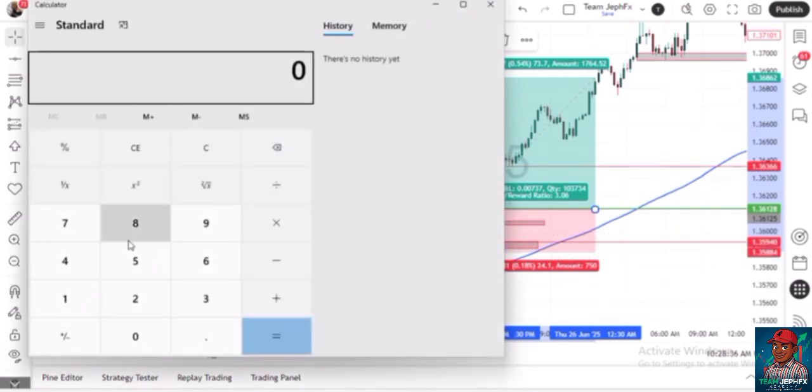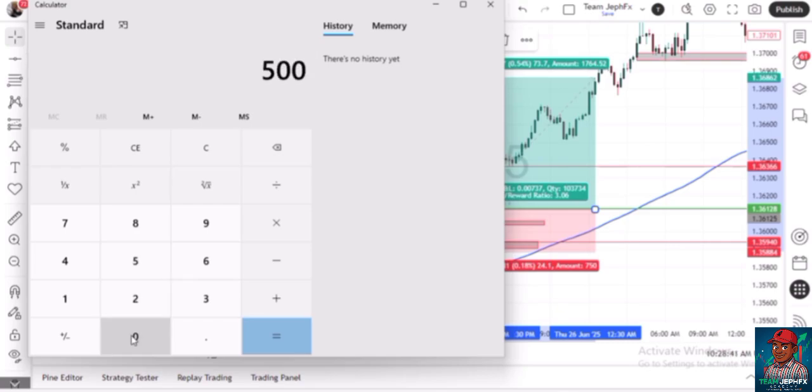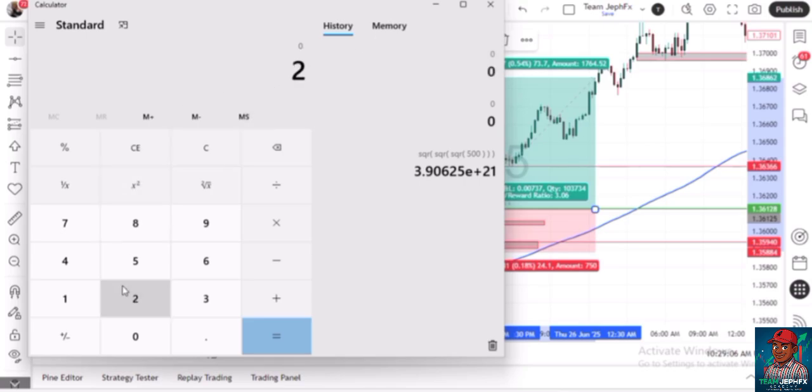Let's quickly calculate something using a calculator. For example, if you have $500 and you decide to risk just 1% or 2%. If we are risking 2%, let's quickly do that. 2% should be 0.02, right?